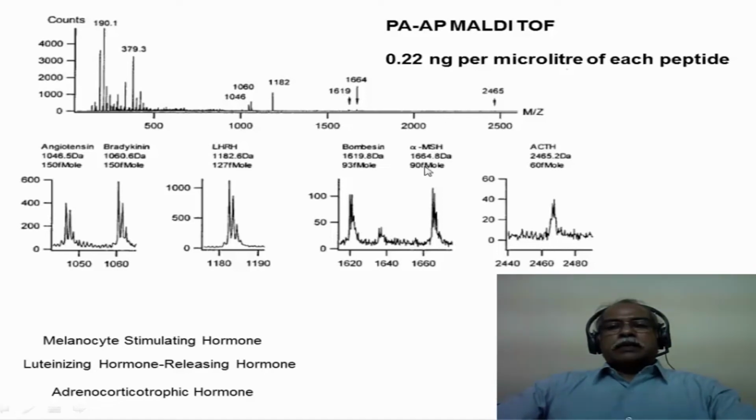Similarly, for bombesin and melanocyte stimulating hormone, the spectrum is given here, and this is adrenocorticotropic hormone, another hormone with a molecular weight of 2465. That spectrum is also shown. So this essentially indicates that medium sized molecules are fairly readily analyzed by MALDI spectrometry using the time of flight analyzer.